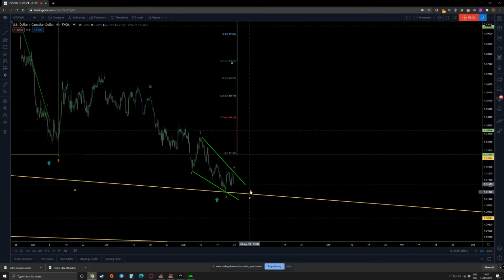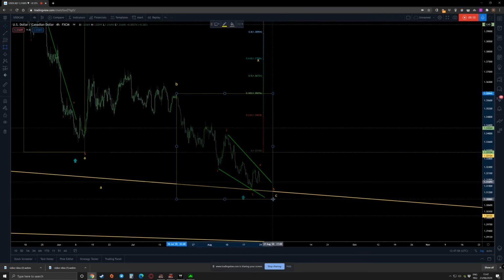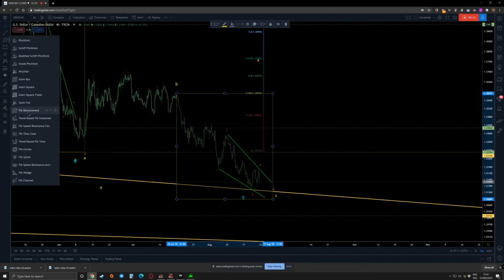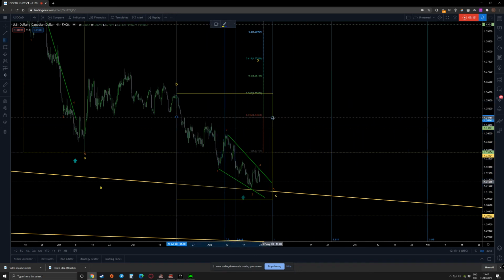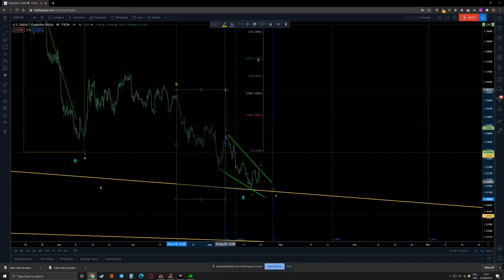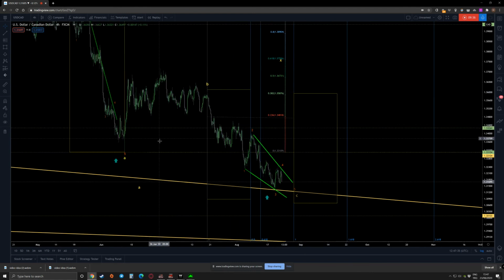Now, if that is the case, and we will finish somewhere around here, what I will do is take the time taken for this and take the Fibonacci time zone, measure the half of this time and put it right here where it ends, and I would like to see a move back to the B wave in due time. That's what I would like to see. If the analysis is correct, this is what should happen.